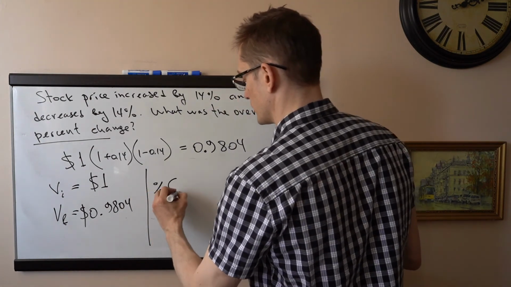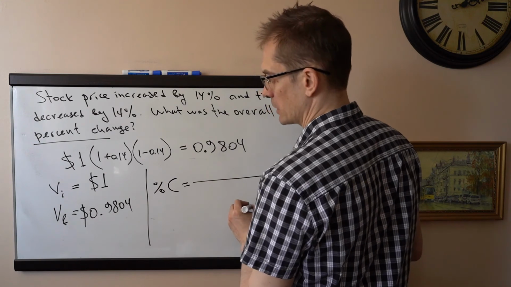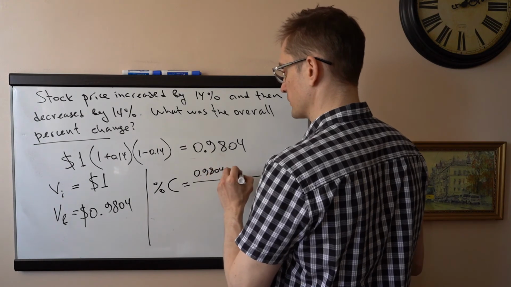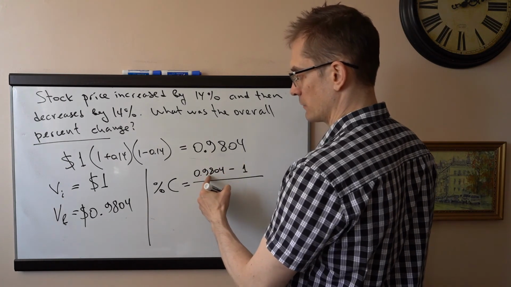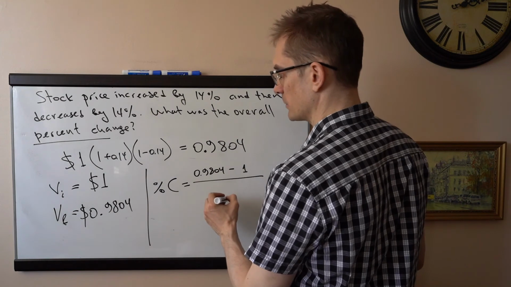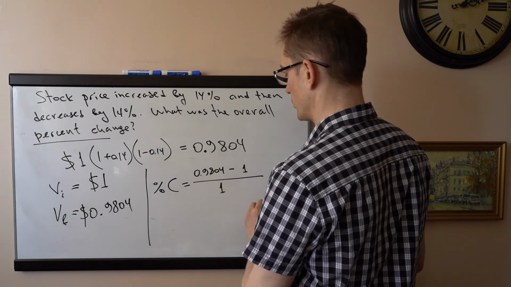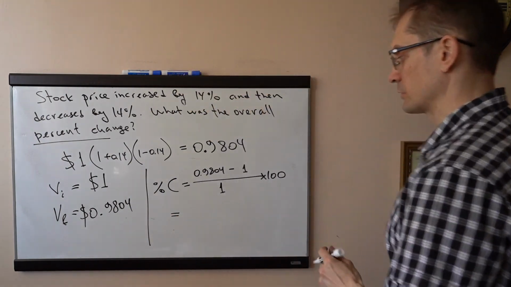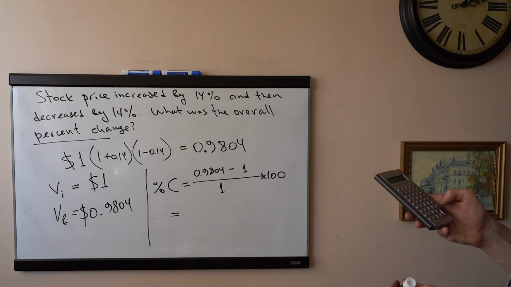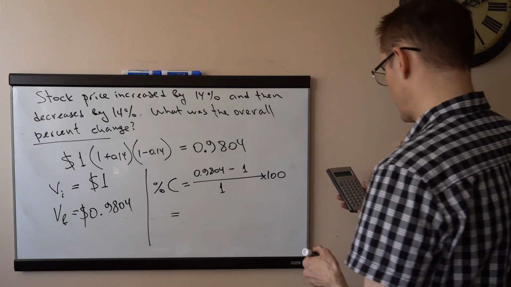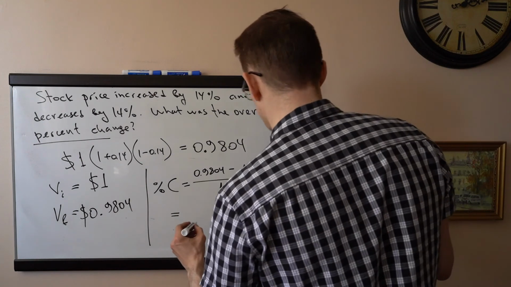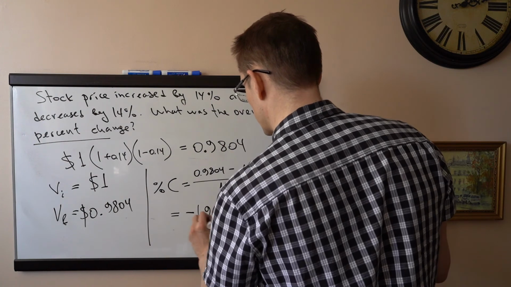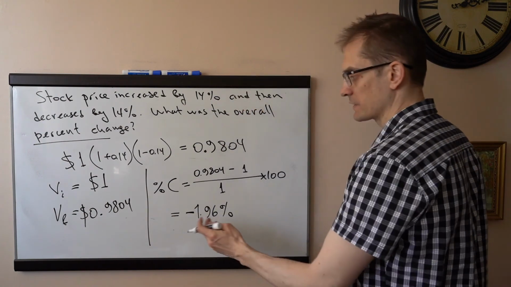So percent change: your final value, which is 0.9804, minus 1. So your final value minus your initial value, divided by your initial value, divided by 1, times 100. So what is that? Okay, it's minus 1.96%.